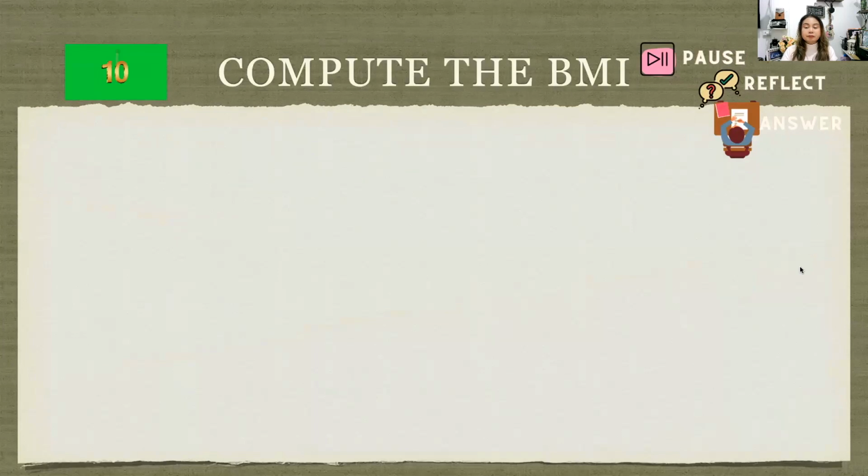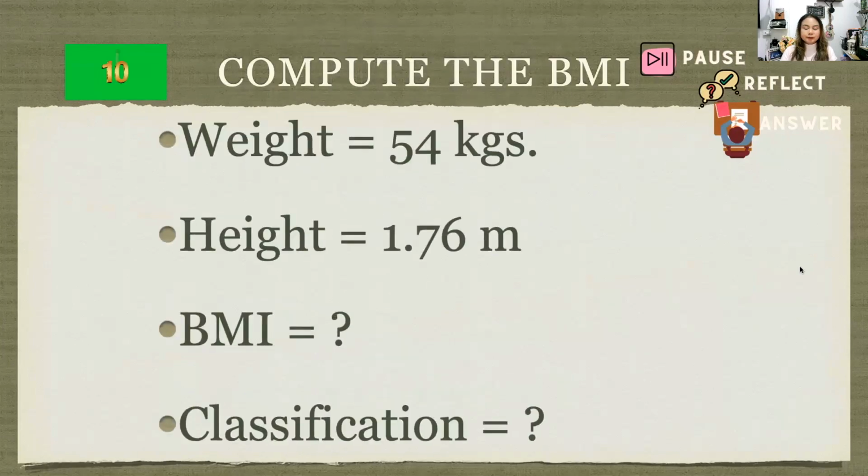Now another, compute the following. Let's see how far you know or how far you have learned computing the BMI. Suppose you have 54 kilos with 1.76 meters. Okay, ready? Compute the BMI and classify.